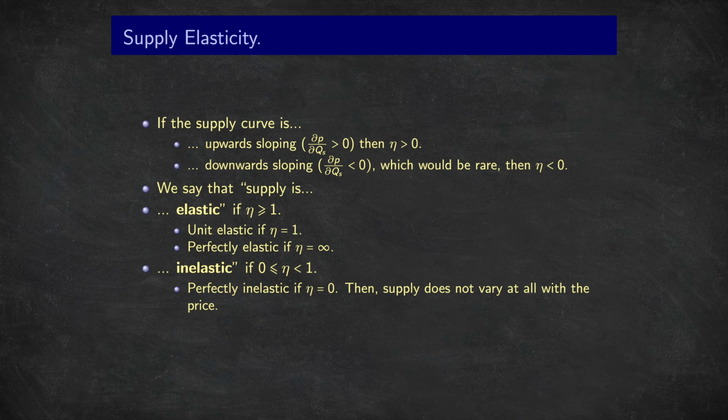This means if the price increases by a certain percent, supply increases, but by not such a great amount. So supply does not respond to price as much in a proportionate sense. To look at the boundary case, perfectly inelastic, eta equals 0, would be the case where even as the price changes, the firm supplies exactly the same quantity to the market.